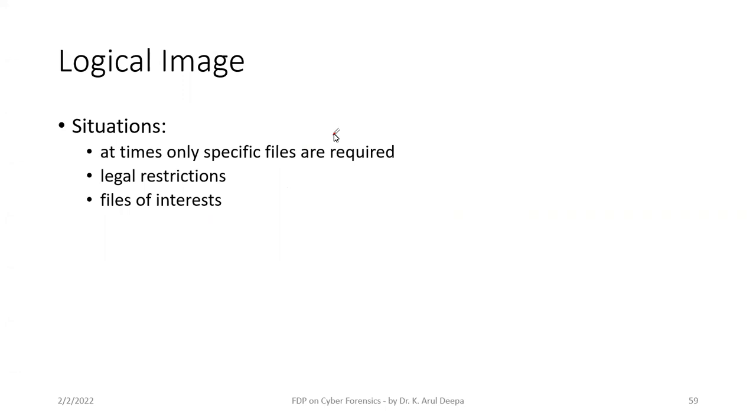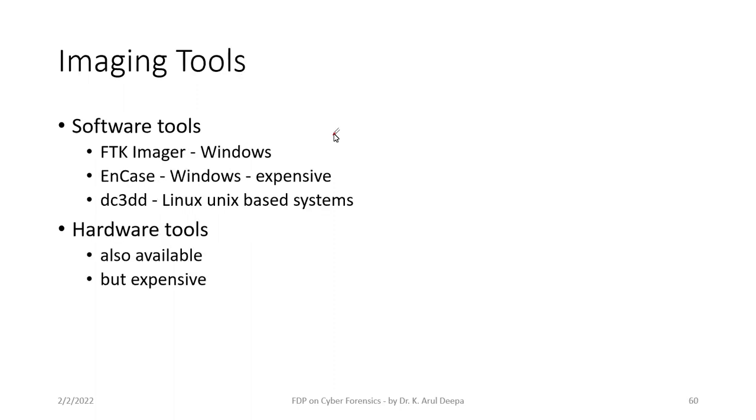When you have huge legal restrictions and you are not permitted to take a copy of the full hard disk or the partitions, then you can go for logical imaging. So only the files of interest alone will be copied, will be imaged.